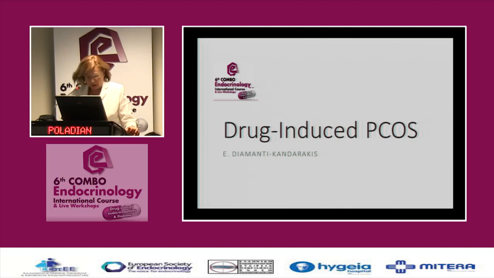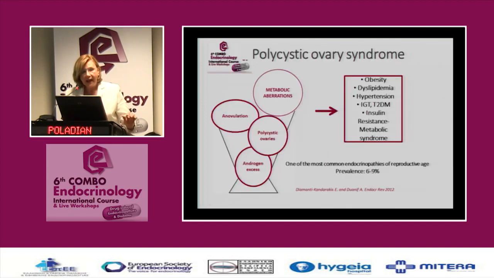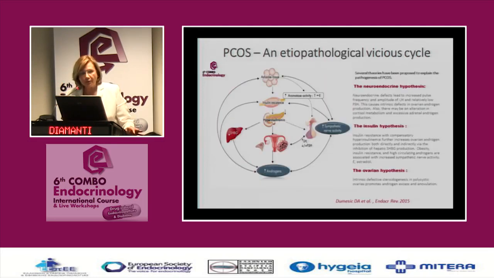It's mainly composed of the abnormalities of anovulation, polycystic ovarian morphology, androgen excess, and metabolic derangements, which are multiple and can be present in some phenotypes of PCOS, and in some others are not there. As we said, it's the commonest endocrinopathy.